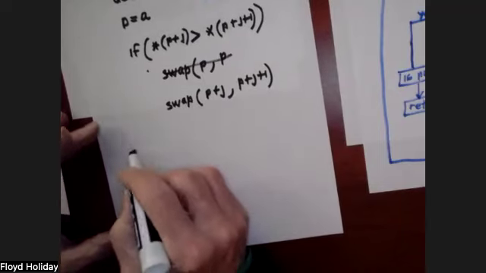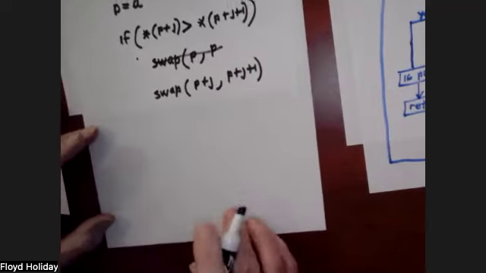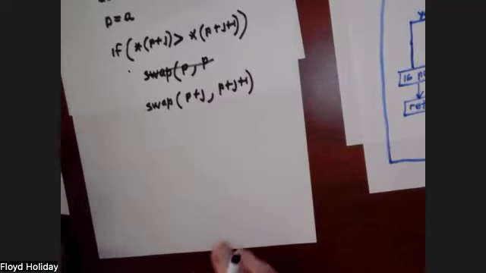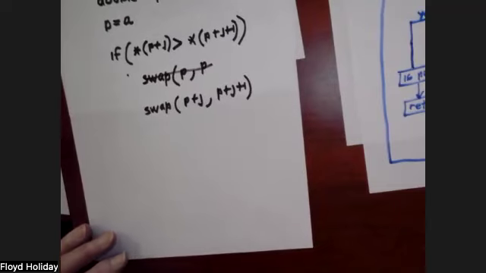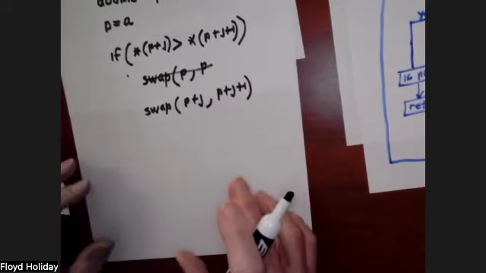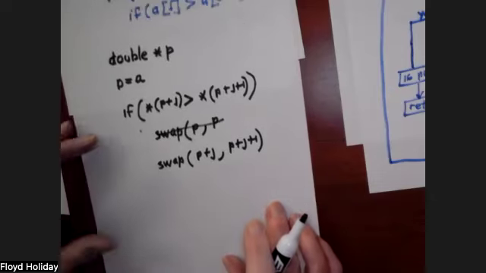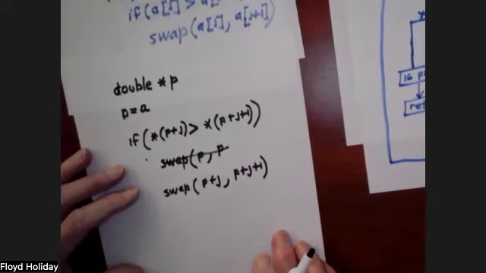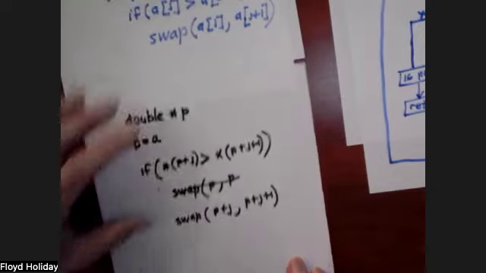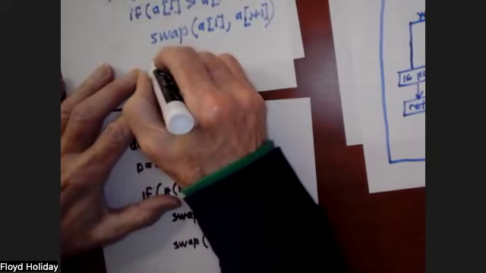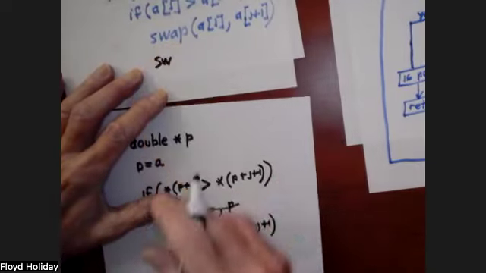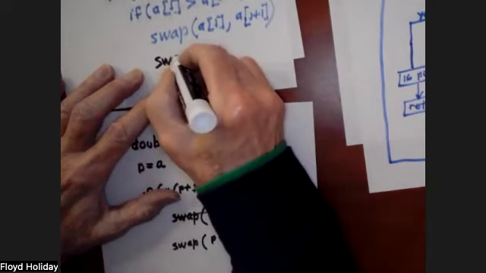Back to the theory: we just need to use the by reference, right? The ampersands before the variables. So when we're calling our swap, it just needs to be reference to the stuff.